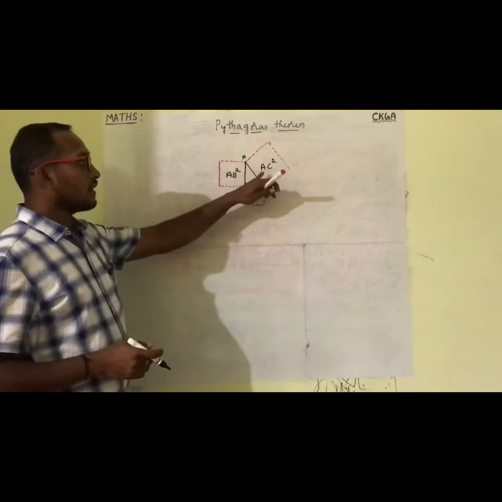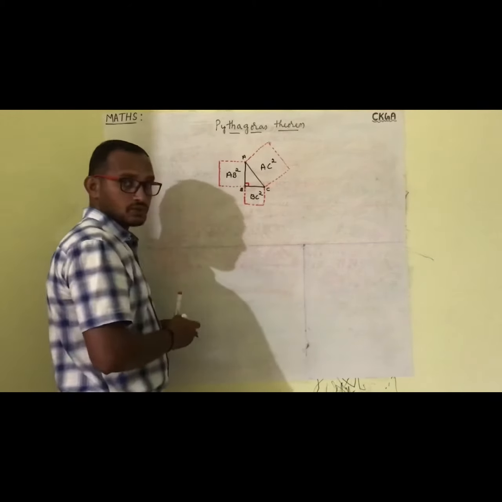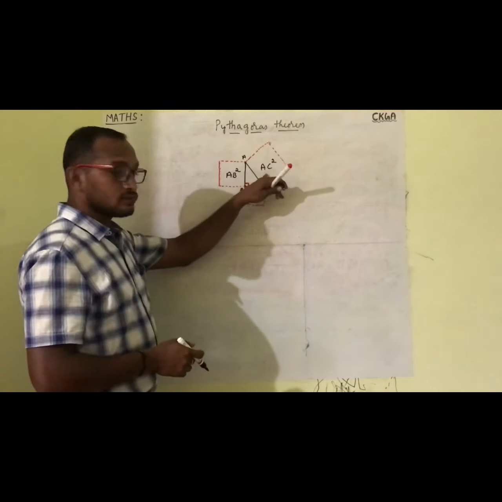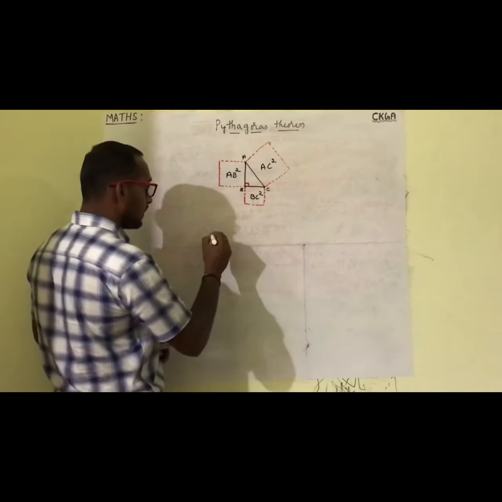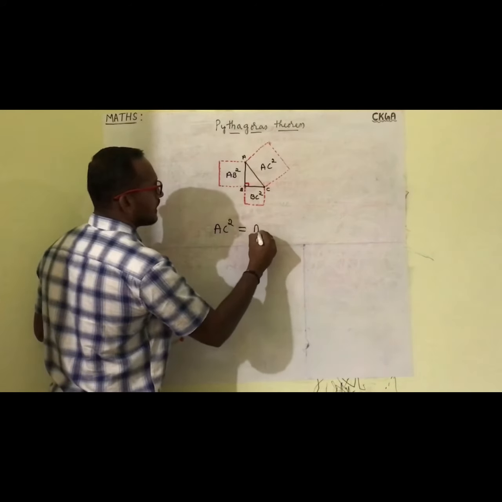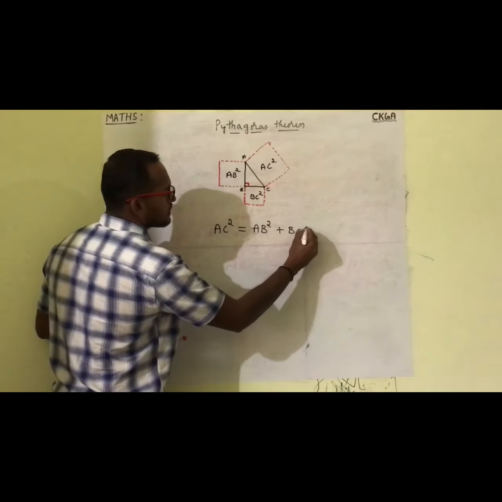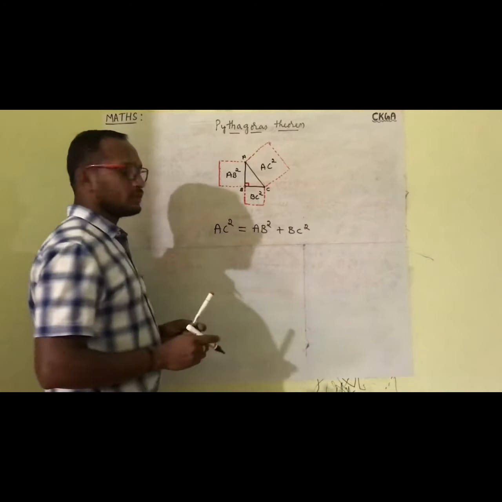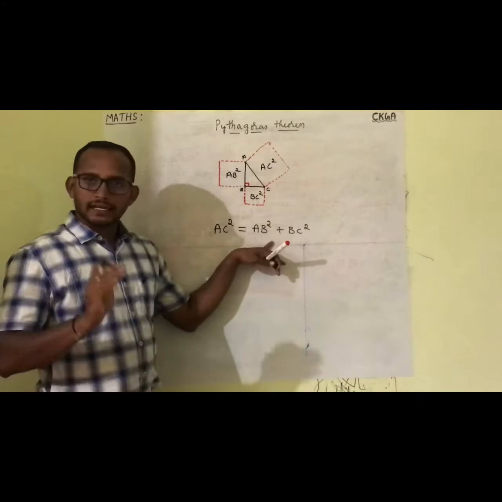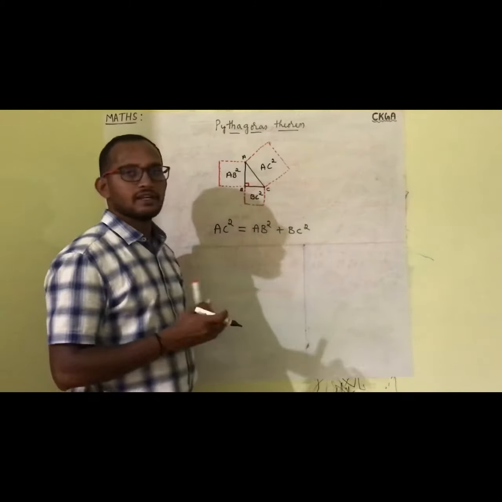A square formed by using the hypotenuse, and squares formed by using the other two sides. Then the area of this should be equal to the areas of the other two squares, AB square plus BC square. One important keynote: this relation is valid only for right angle triangles.